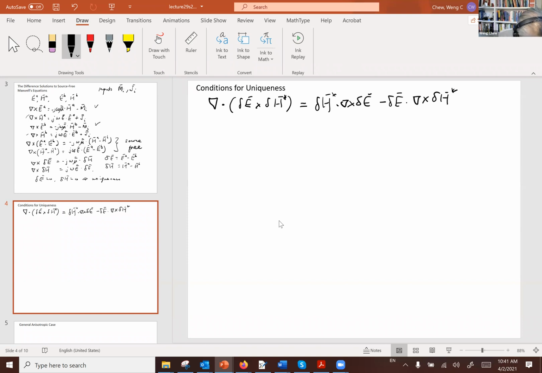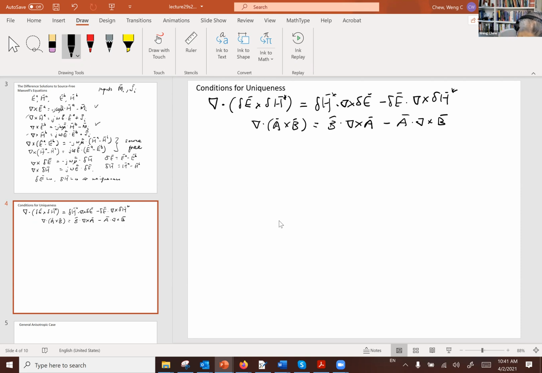And I hope you remember this. And if you don't remember this, you can always do a table lookup. You might not want to commit this kind of thing to memory. The divergence of A cross B is B dot curl of A minus A dot curl of B.